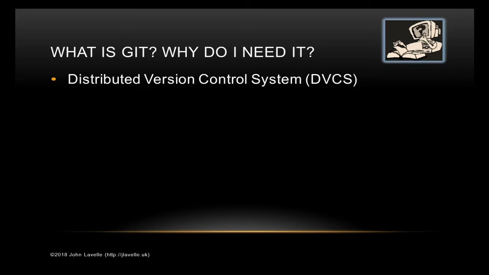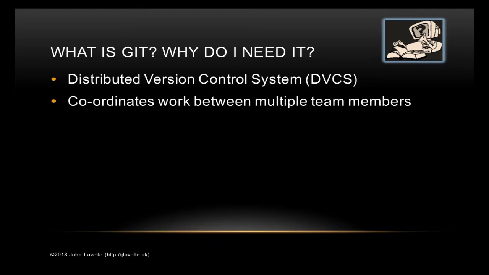So basically that's what a distributed version control system is. It just allows you to store different versions of your software, and it can be used by different computers and different people in a team if you have a team.